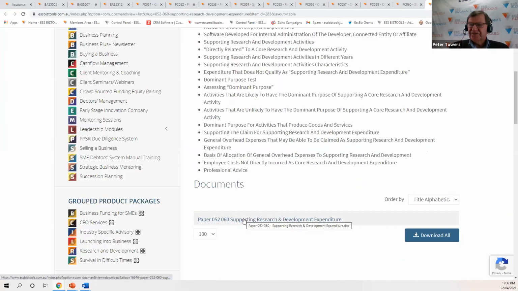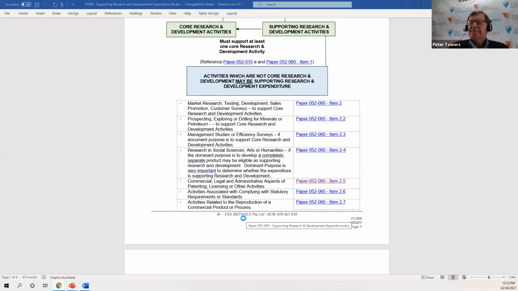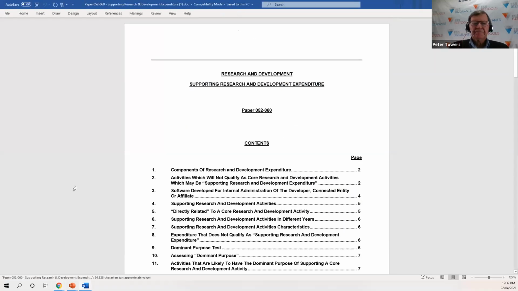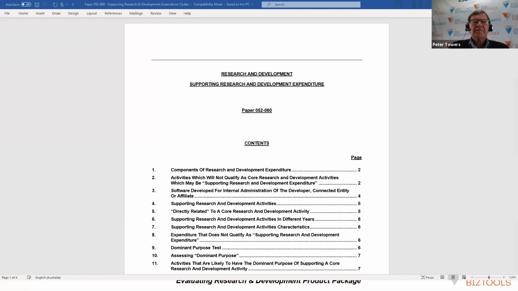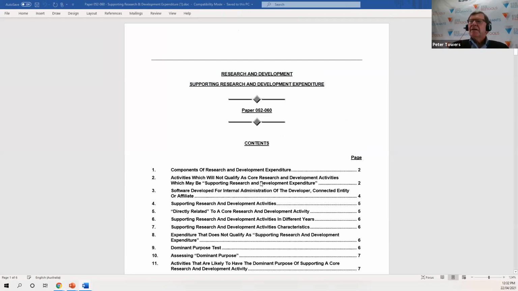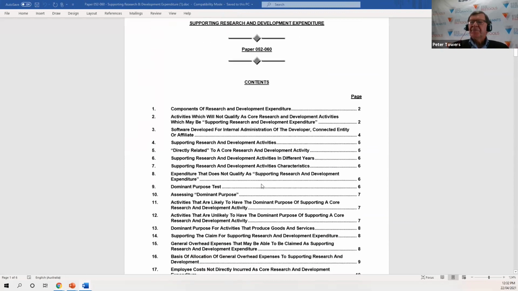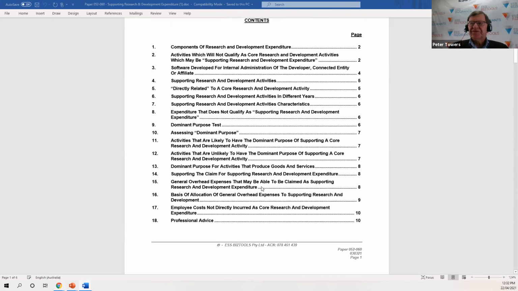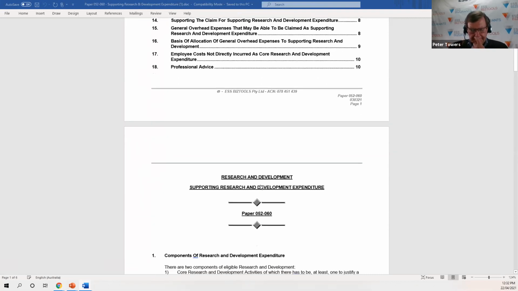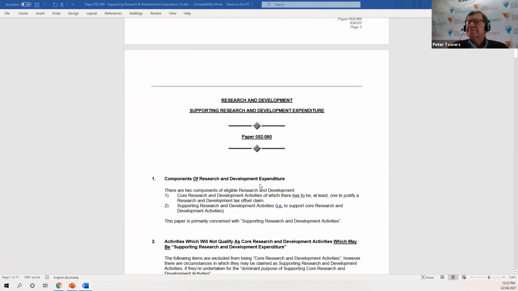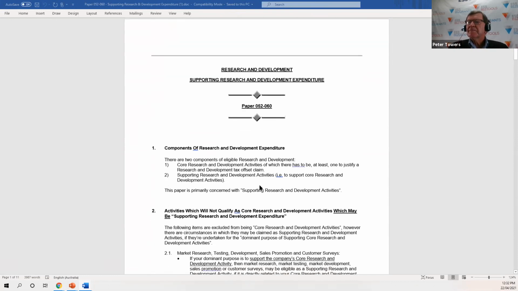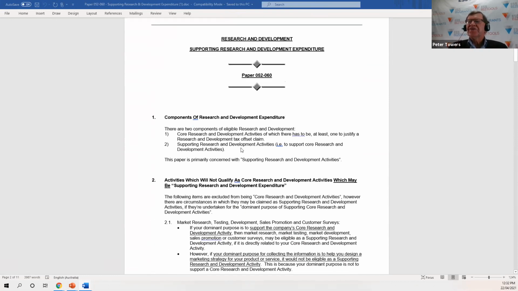That's just an executive summary on that paper. So this is a paper that discusses this whole concept of supporting research and development. As it says there, supporting research and development activities is to support core research and development activities.